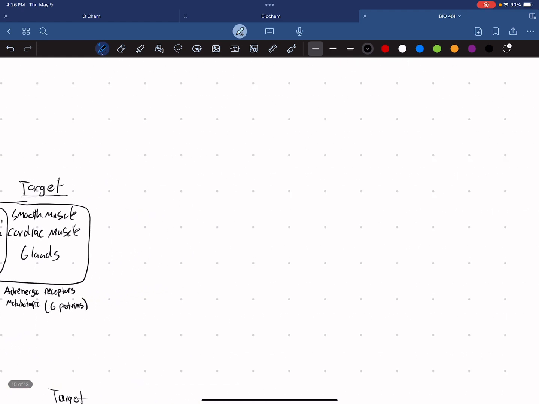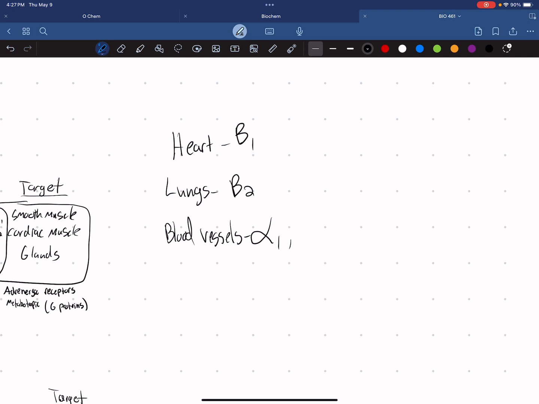So to start out, what we know is that on the heart, we have beta-1 receptors. On the lungs, we have beta-2 receptors, blood vessels. We have alpha-1 as well as beta-2. On the eye, we have two different types.